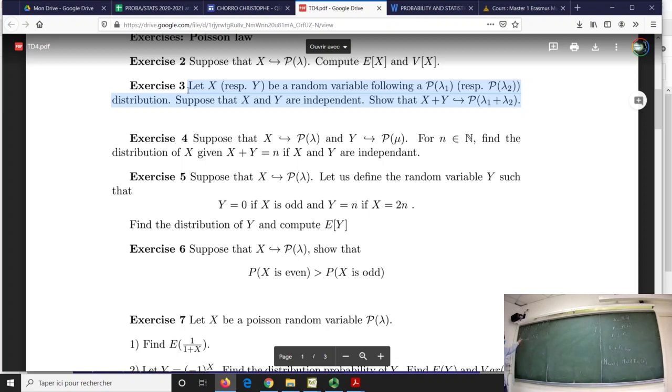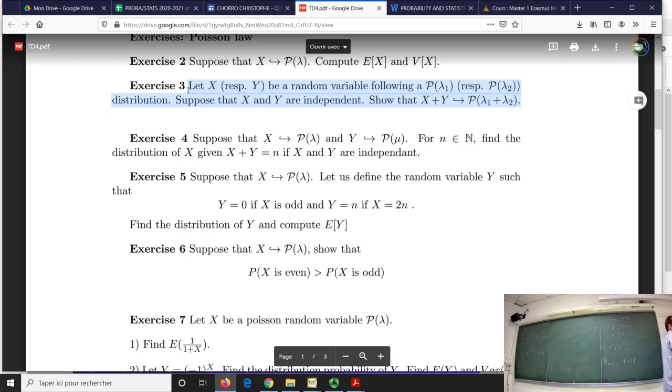I finish. Because what I recover here is that the moment generating function of the sum is this one. And what is this one? It's the moment generating function of a Poisson of parameter lambda 1 plus lambda 2. So in one line, I have done the job that was possible to do, but with more and more computations.